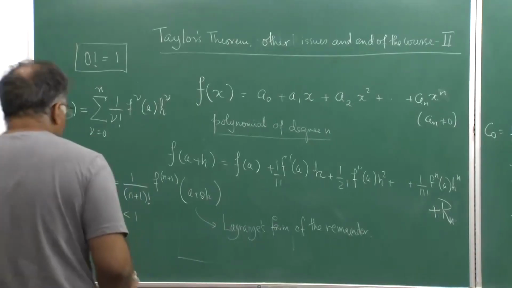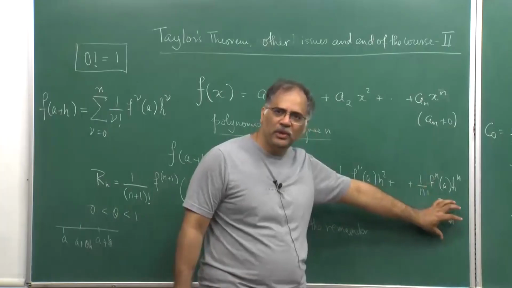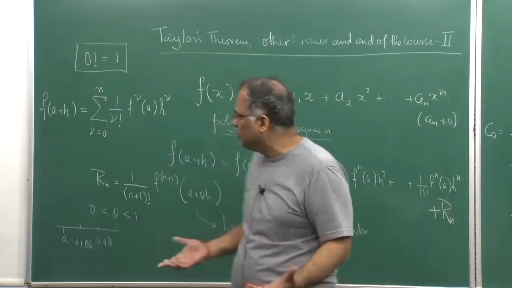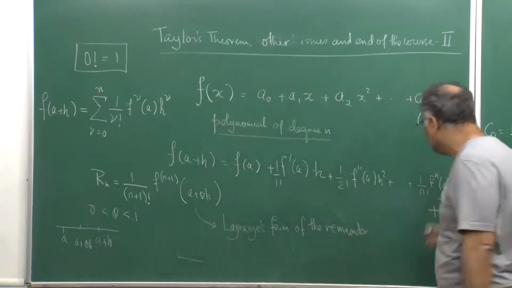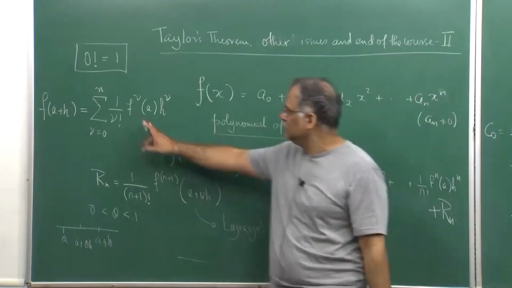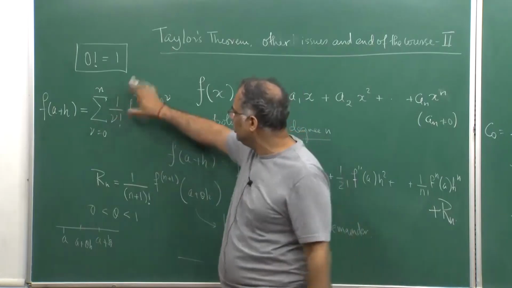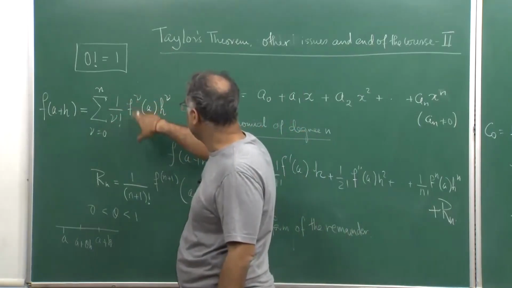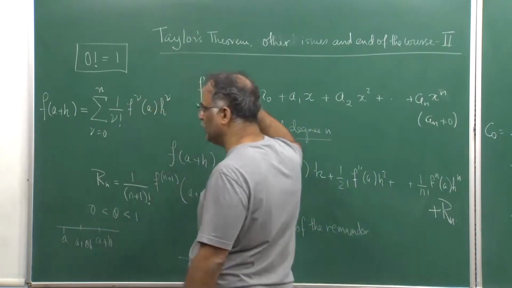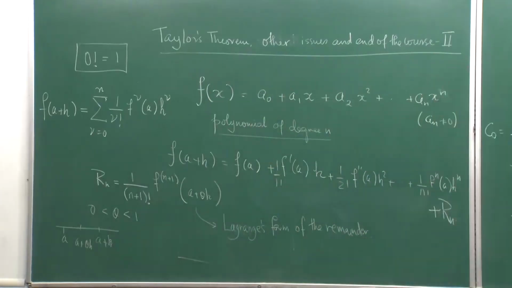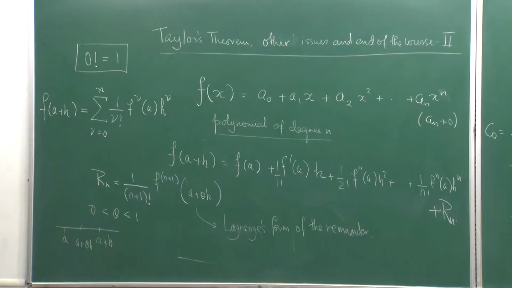If f was an n plus 1 degree polynomial, Rn would be nothing but this with n plus 1. That would be Rn: 1 by n plus 1 factorial f n plus 1 of a times h n plus 1. But it is not a polynomial.